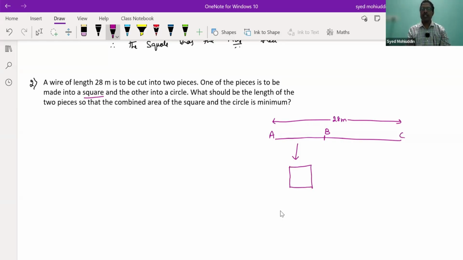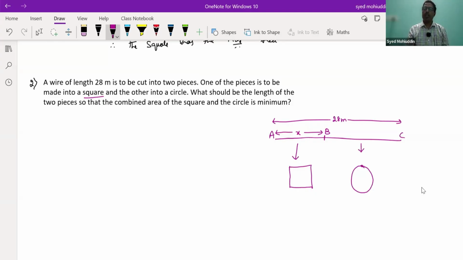So I'm taking this length to be equal to say X. This length, say X, is from A to B. This wire from B to C I'll take and convert in the form of a circle. This is how. So is the question clear now? One wire we cut and try to prepare it in the form of a square, another one as a circle.